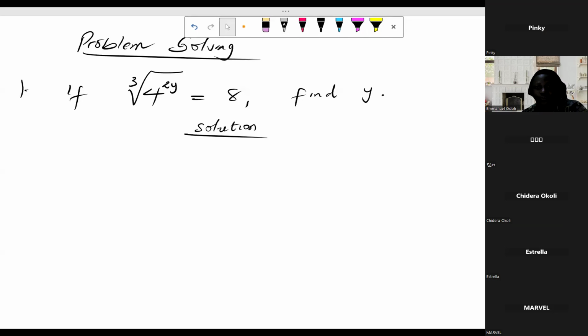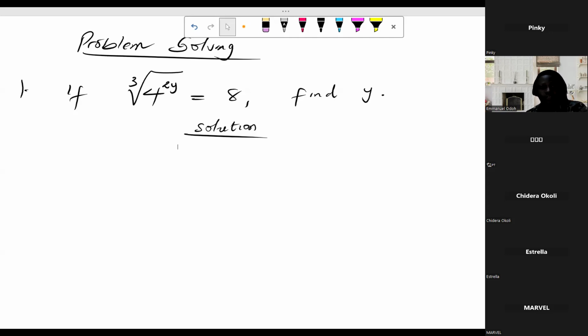I think you have to follow the rules. Okay, which of the rules are we applying here? I feel like it's going to be 4 raised to power 2y, all raised to the power 1/3. I'm not sure.